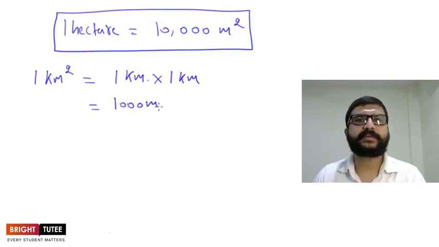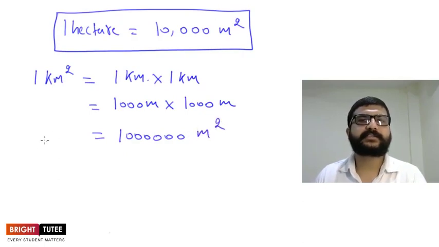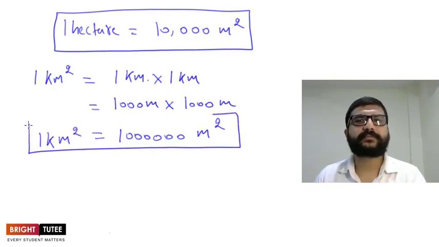So this will be 1000 meters into 1000 meters. Therefore, by multiplying we will get 6 zeros square meter. So 1 square kilometer is equal to 1,000,000 square meters.